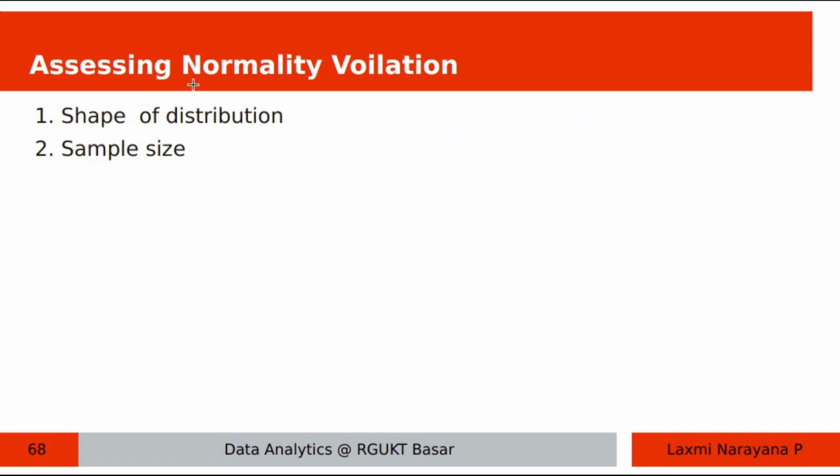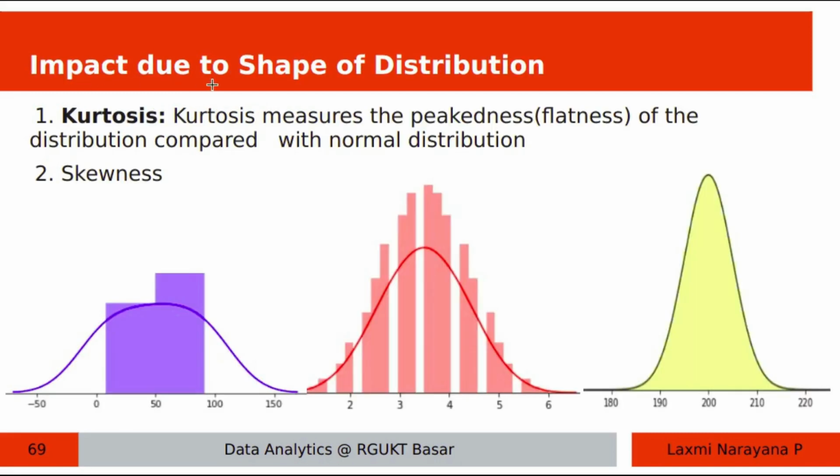We can assess the normality violation by using shape of the distribution and sample size impact due to shape of the distribution. The shape of any distribution can be described by two measures. One is kurtosis, second one skewness. Kurtosis measures the peakedness or flatness of the distribution compared with the normal distribution.